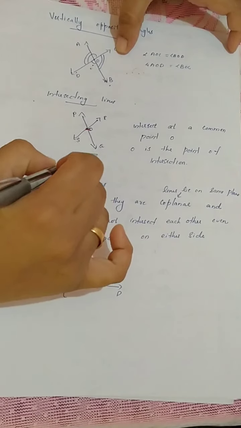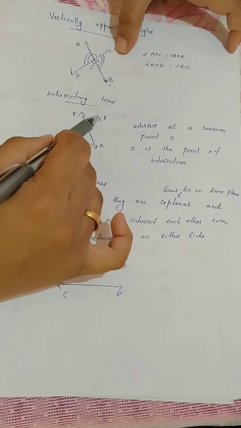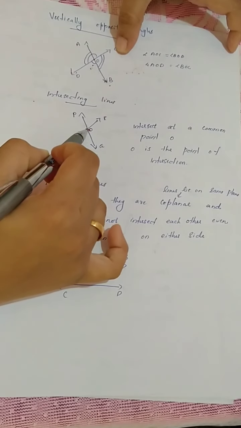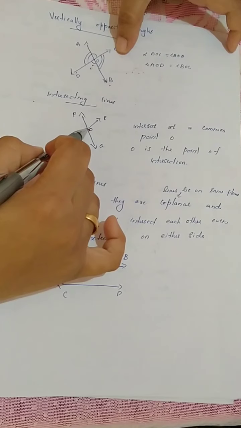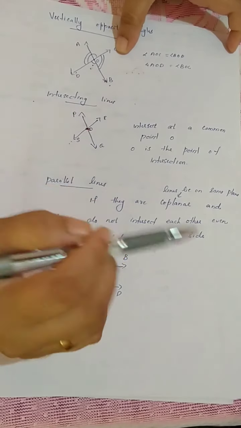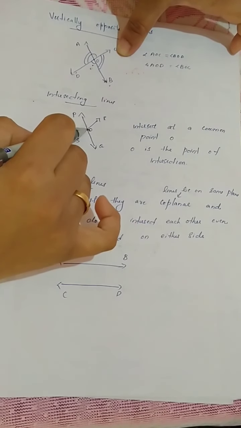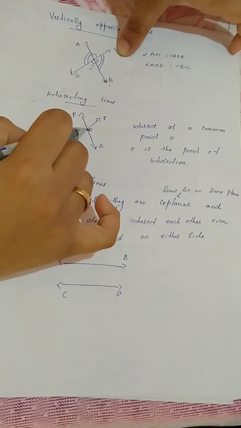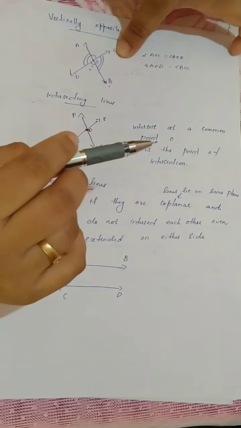Here PQ and RS, these two lines have a common point O. PQ and RS are two lines, and these two lines have a common point O. So this type of lines are called intersecting lines, and point O is called the point of intersection.